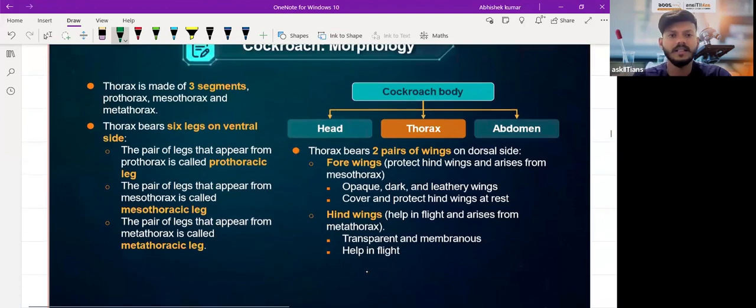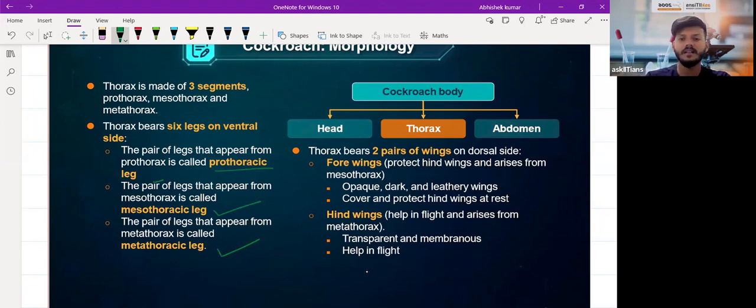The cockroach thorax is again divided into three segments: prothorax, mesothorax, and metathorax. The pair of legs that arise from the prothorax is called the prothoracic leg. Then we have the mesothoracic leg, and we have the metathoracic leg also.